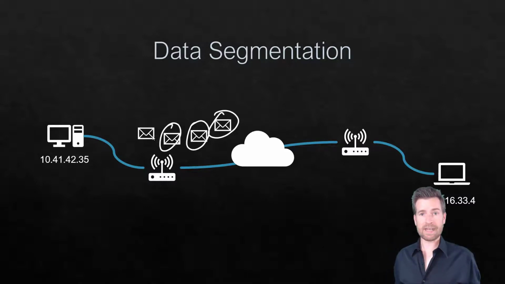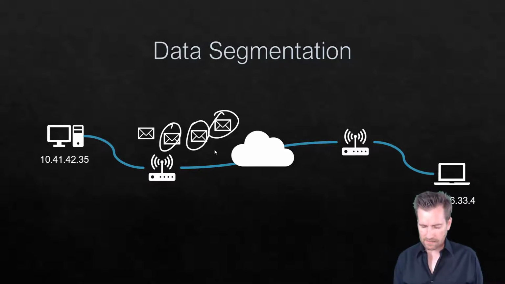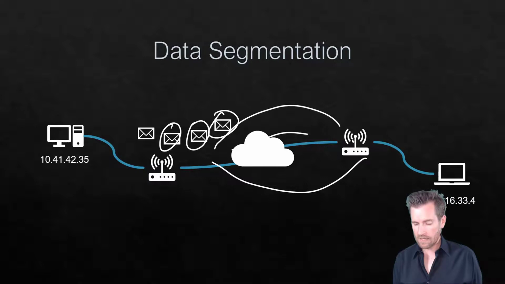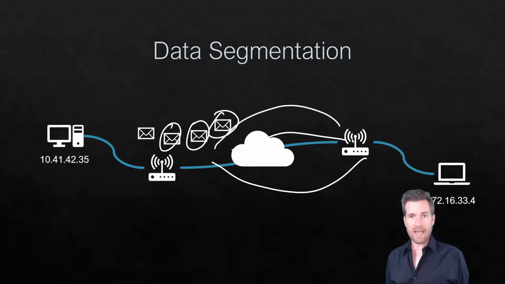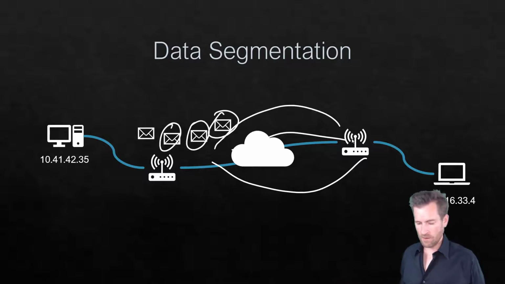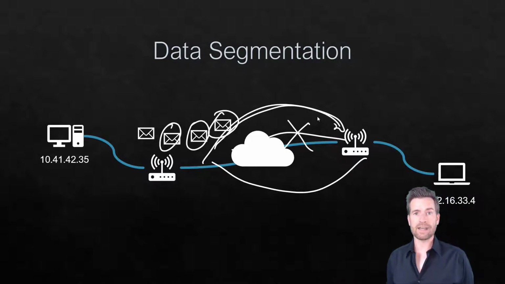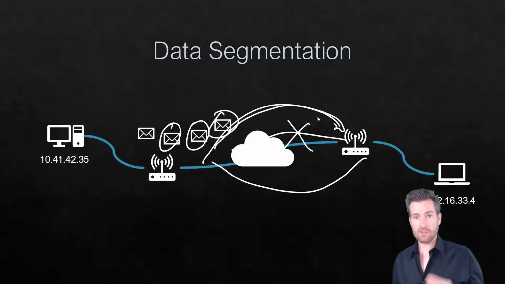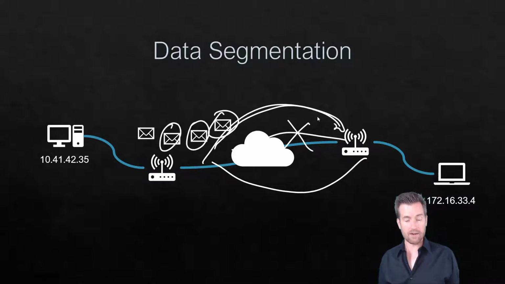It also could take different paths to get to its final destination, which allows the communication to self-heal. If one of these paths goes down, it's just going to choose a new route. So segmentation is a crucial part of how the internet works.